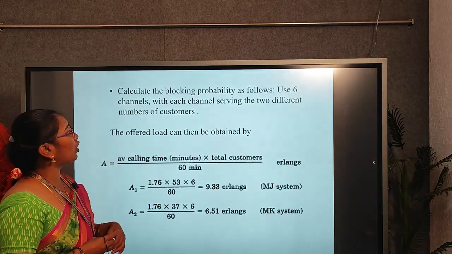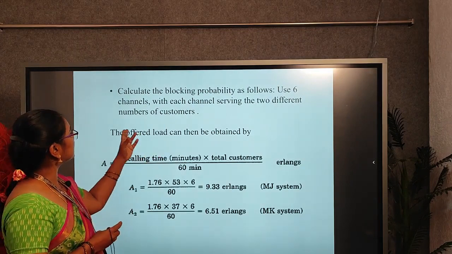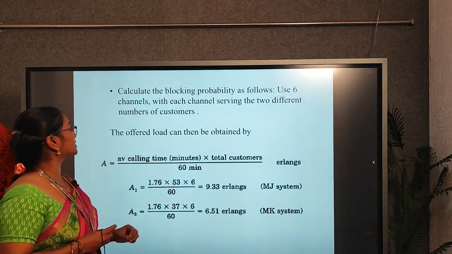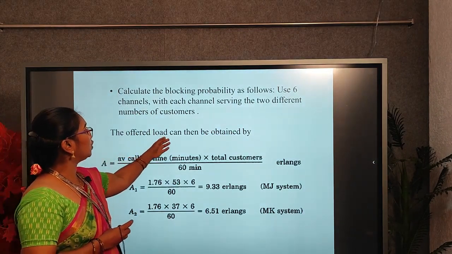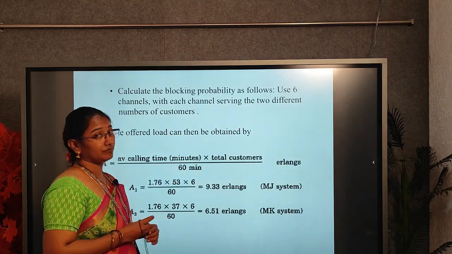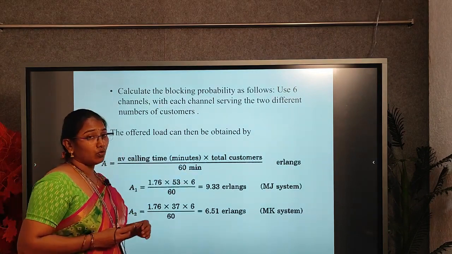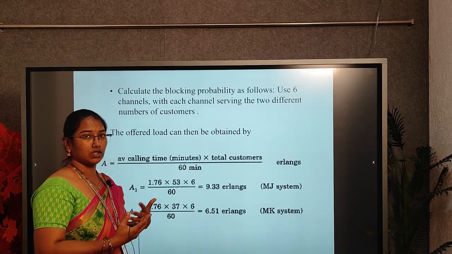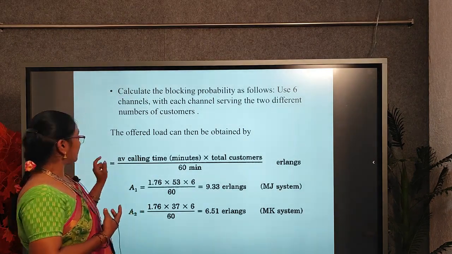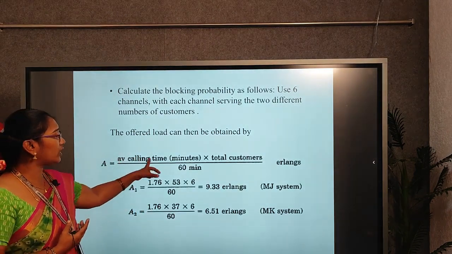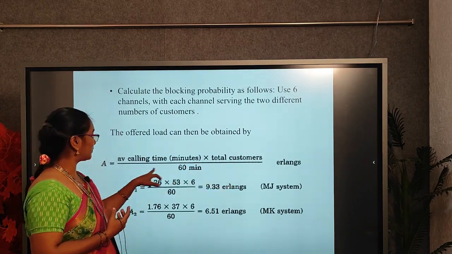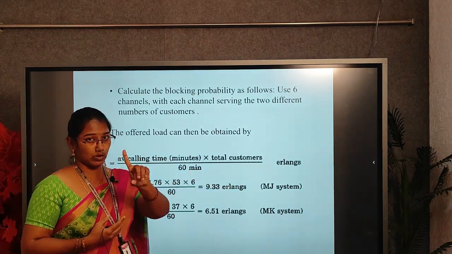Now calculate the blocking probability as follows. Use 6 channels, with each channel serving a different number of customers. The offered load can then be obtained. What is the offered load? It is the carried work: A equals the average calling time in minutes times the total customers divided by 60 minutes for 1 hour.